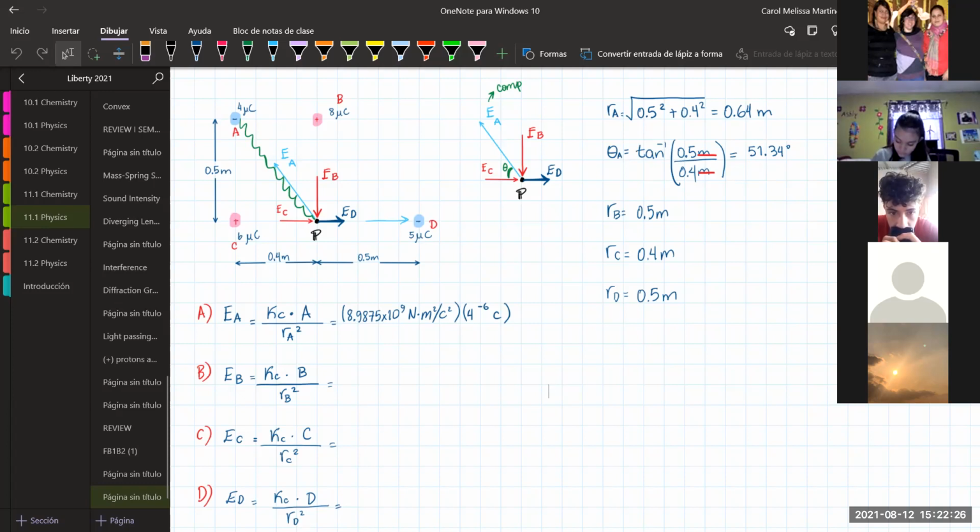It's not the same. But if in your calculator you use the scientific notation button, you're gonna be just fine. Now, I don't like to work like this in class, but I'm just telling you a tip if you want to save time during a quiz, for example. Okay, distance A raised to the second power is 0.64 meters to the second power. Voila.